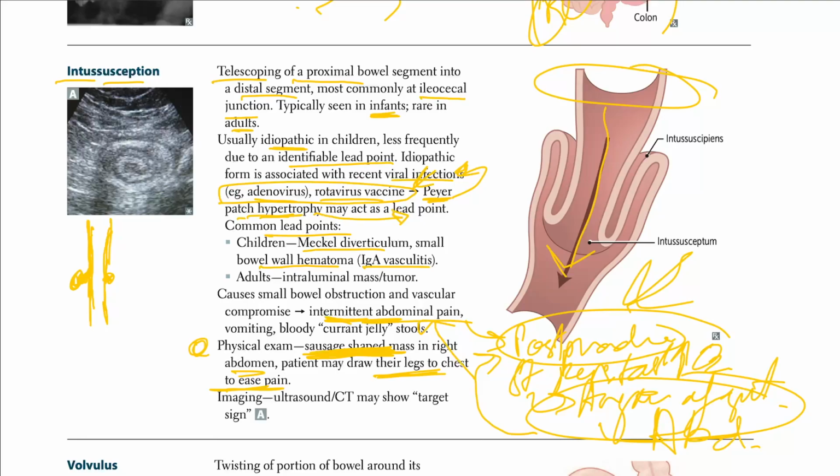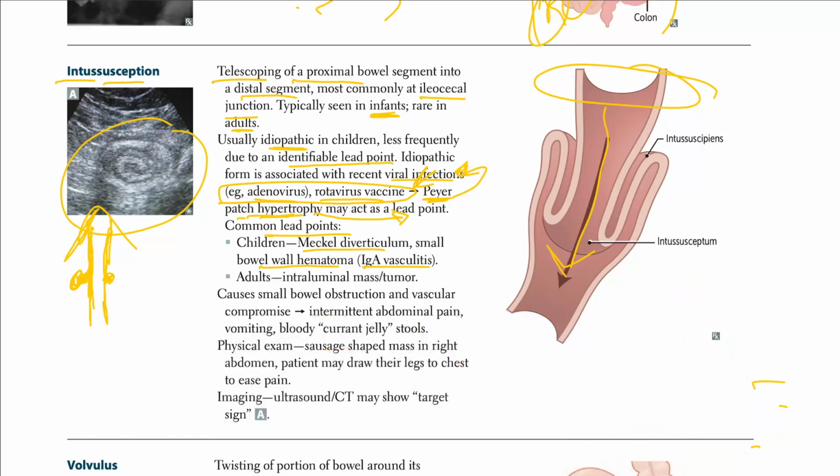And on imaging, ultrasound and CT show the target sign. Look at this picture here. You have the target sign. Look, it's like a target, right? So I think that's pretty much it for this one.